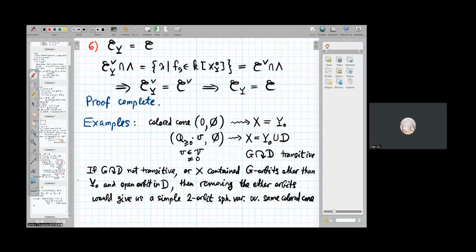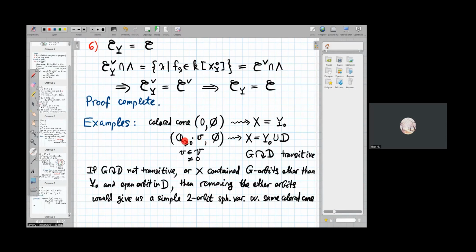Because we are not removing this divisor entirely. We are keeping this divisor. We are only removing something small, something of smaller dimension from this divisor. Okay? But the colored cone only controls the divisors.